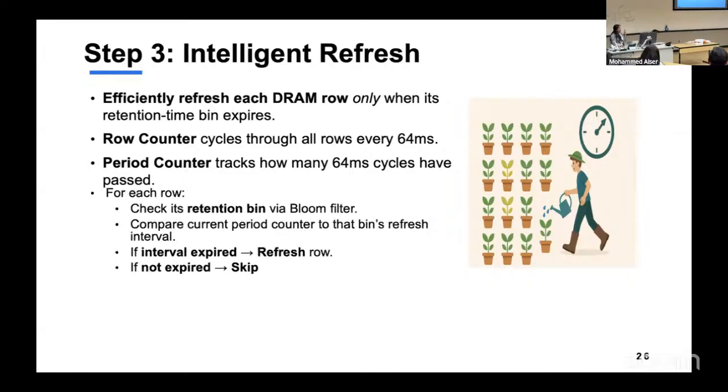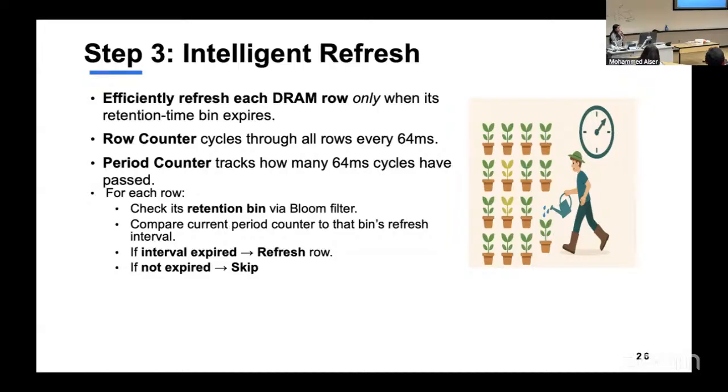So let's see how each row will be calculated. It will check the retention bin via the Bloom filter. So with the Bloom filter, you already know that if a row is present in the retention bin, it will check.